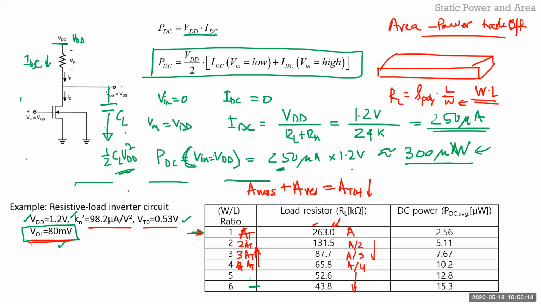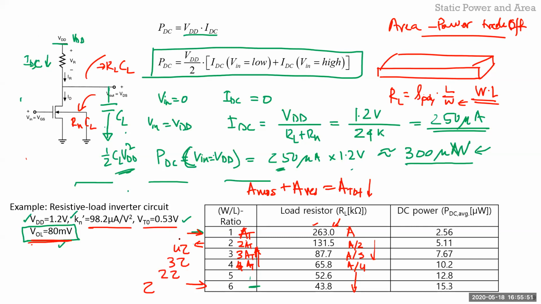And there's another term which is not here, which is the speed. As you decrease the load resistance RL, because the rise time is decided by RL CL and your fall time is decided by RN CL, you can see here, let's say this was tau, this will become almost 2 tau, 3 tau here, 4 tau.